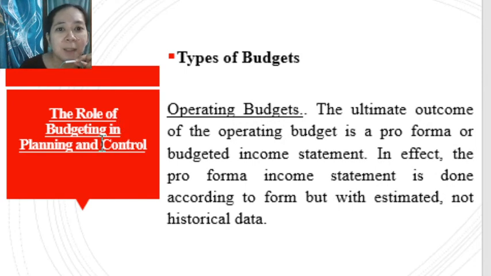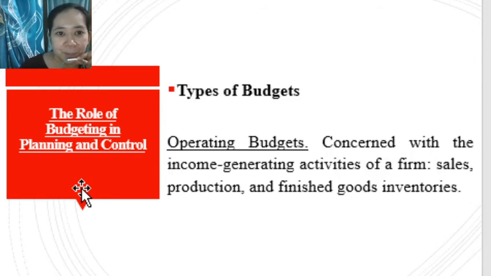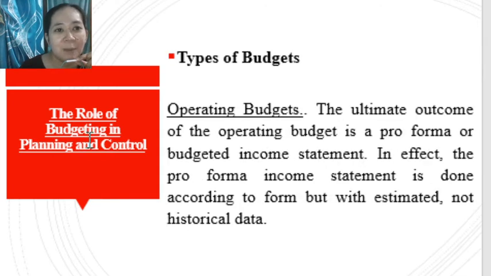The ultimate outcome of the operating budget is a pro forma or budgeted income statement, because the activities that we have mentioned can be seen in the income statement, and we measure the income generating activities.